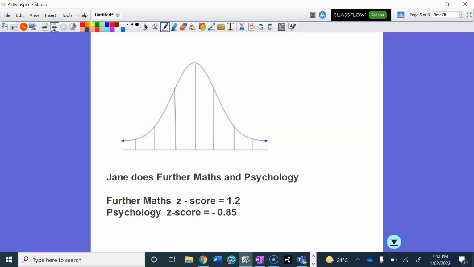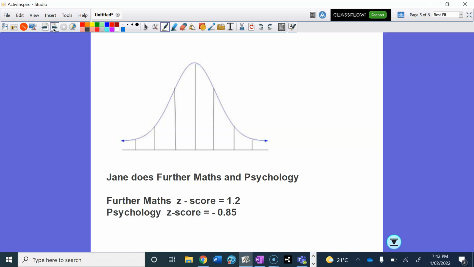So you've calculated two Z-scores, and you figured out that in further maths her standardised score was 1.2, and in psychology her Z-score was negative 0.85. And I might ask you to interpret and compare.